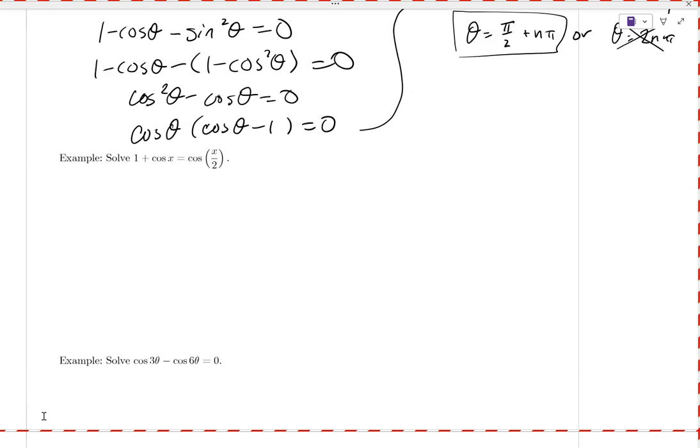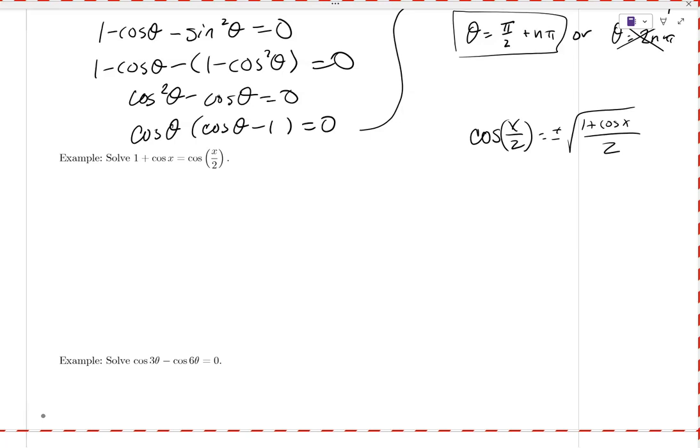So we want to use that half angle formula for cosine. You remember what that one is? Plus or minus the root of 1 plus cosine x over 2, with 2x over 2.